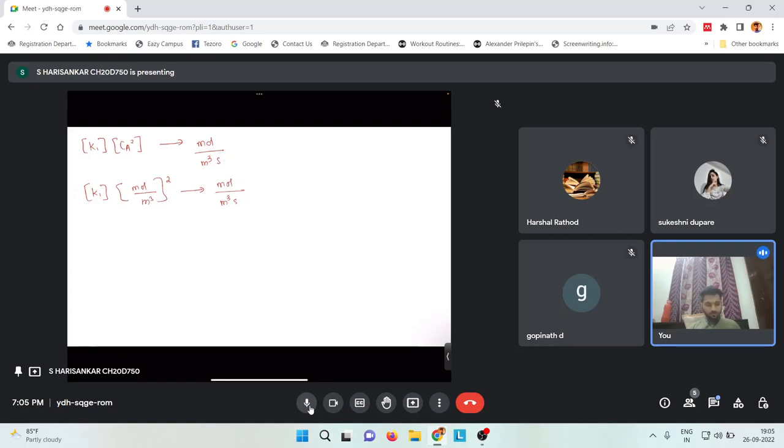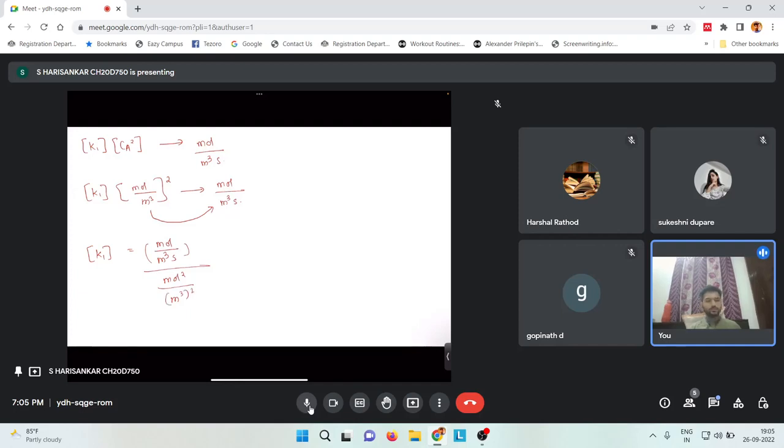So now what we can do is take the unit of Ca square to this side. So unit of K1 will be mole per meter cube second by mole square by meter cube square.